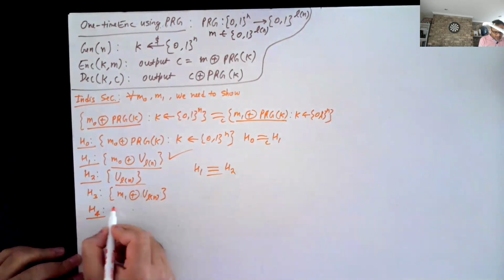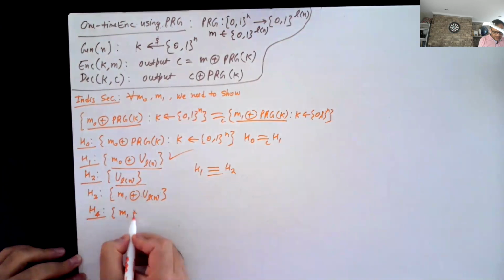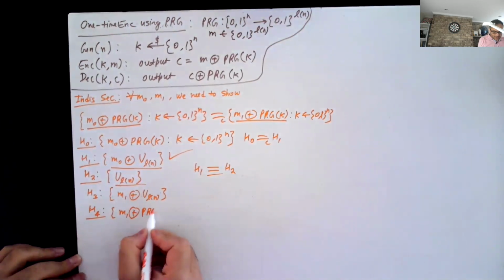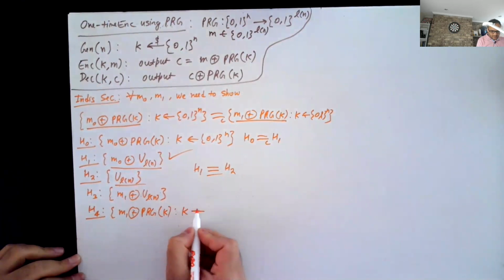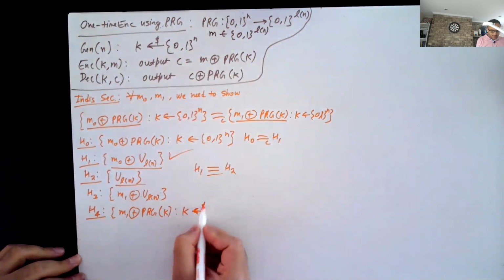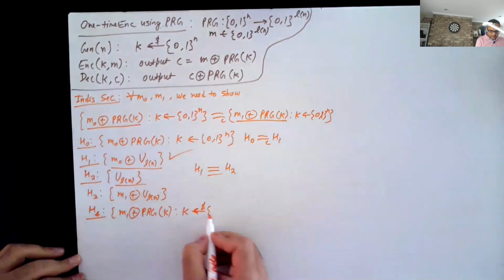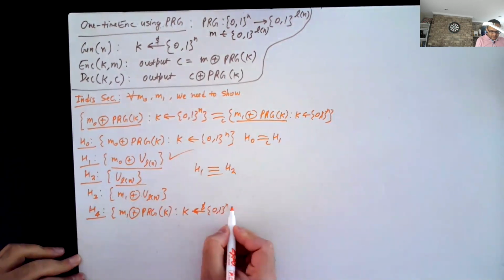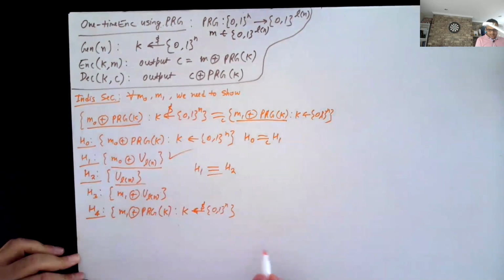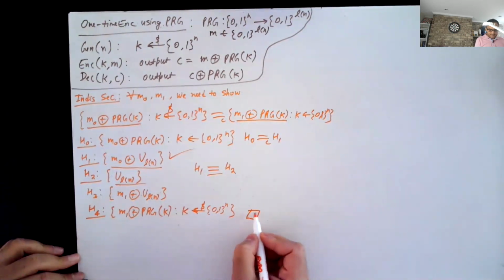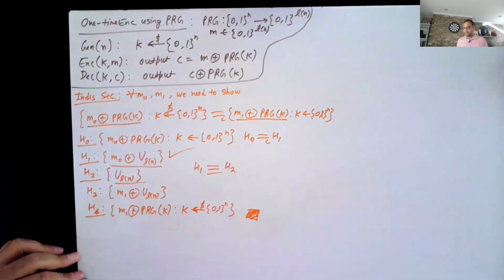Hybrid 4 is M1 XOR the PRG of K, K is uniform. And then we are done. End of the proof.